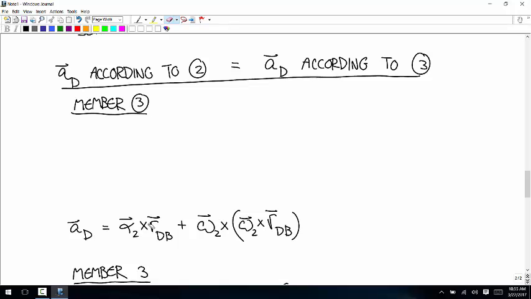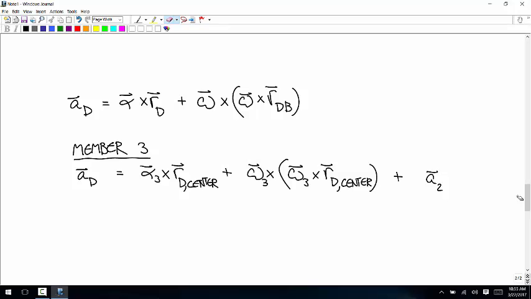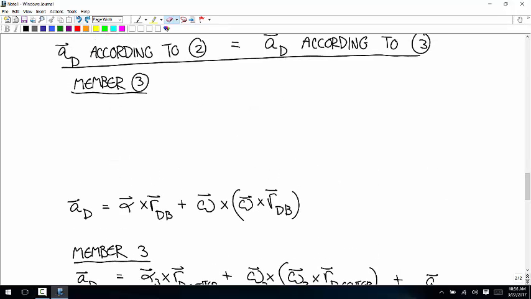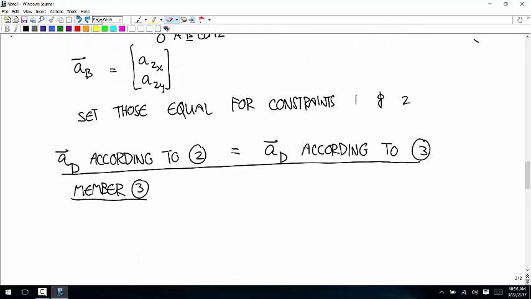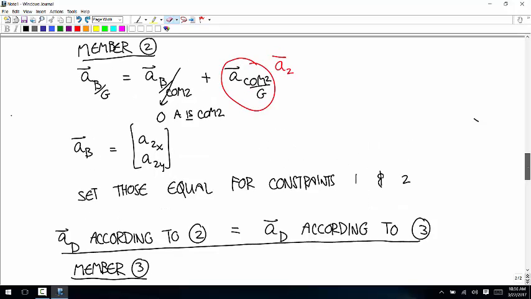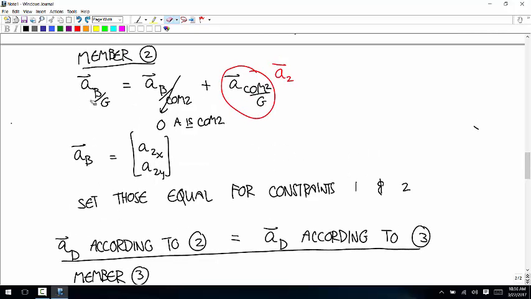Those are supposed to be 3s. Oh, dang it! Okay. Okay, so all the relative motion stuff for member 2, we did need that.